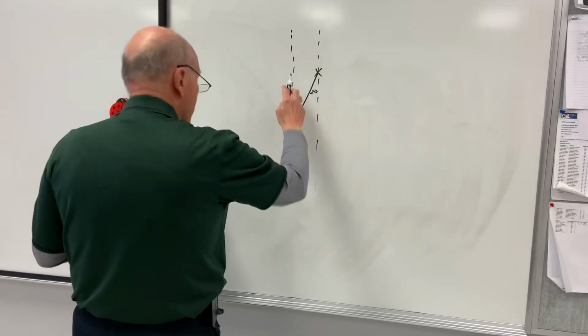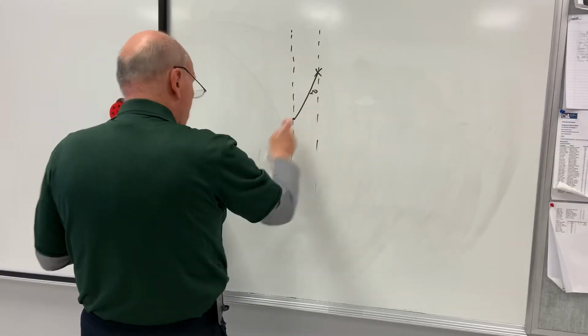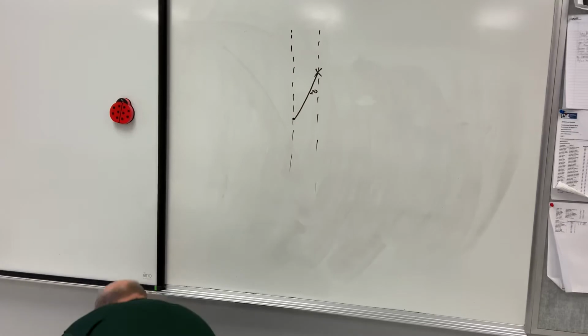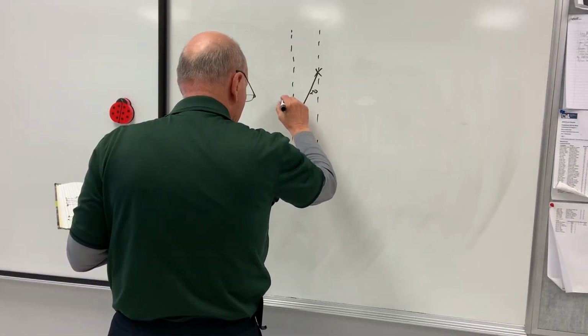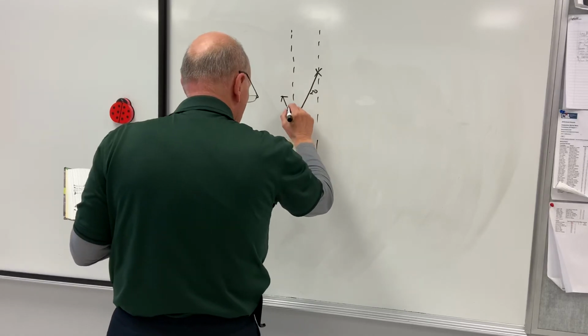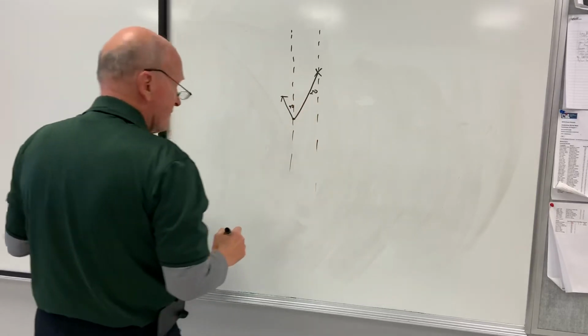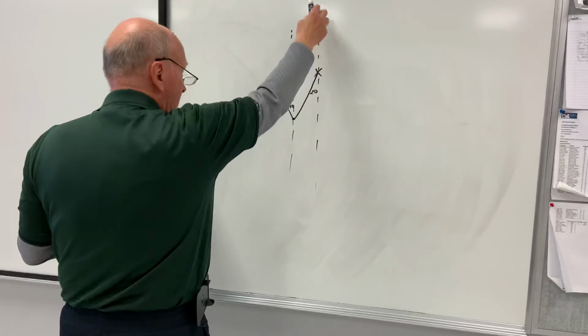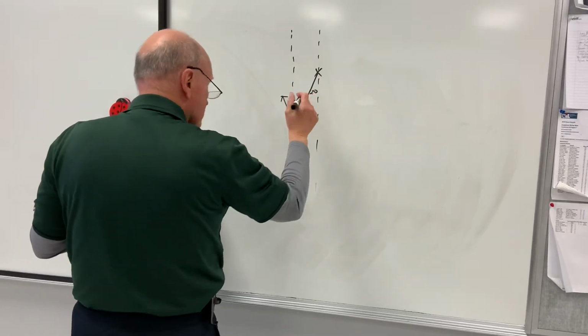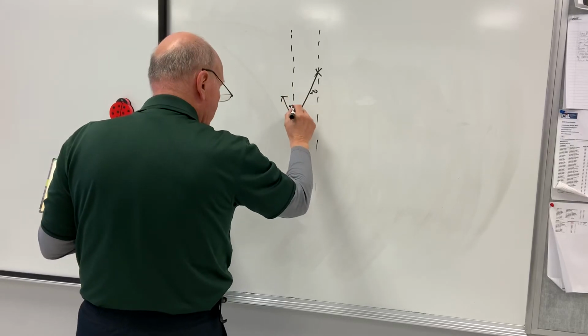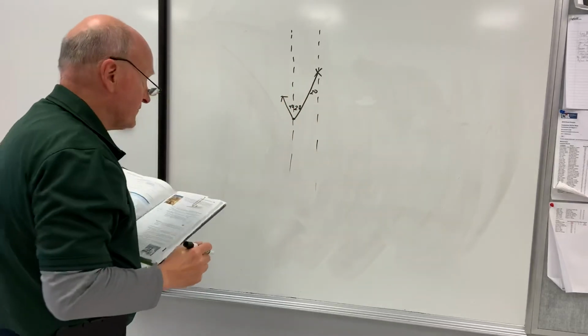So 320 degrees from 360 would give us 40 degrees. So it goes like this, and we've got a 40-degree angle here. Now, these are parallel lines, therefore alternate interior angles are equal. So if this is 20, we see that that is 20.